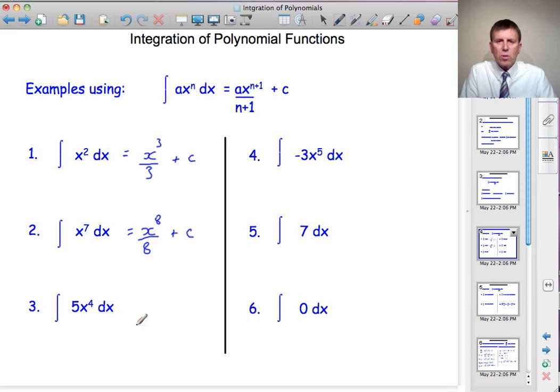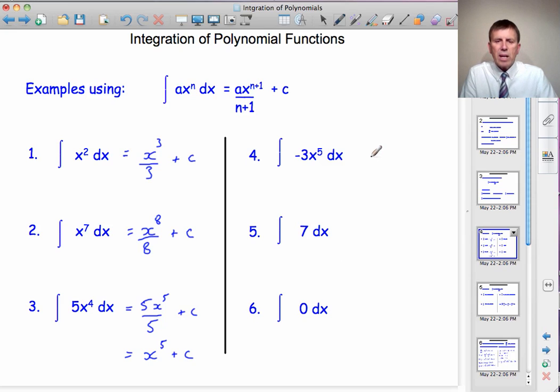Integrate 5x to the power 4 with respect to x, and we get 5 x to the power 1 more than 4 is 5, divide by the new power plus a constant. Now this one we can tidy up a little. 5 divided by 5 is 1, so this just becomes x to the power 5 plus a constant. Example 4.